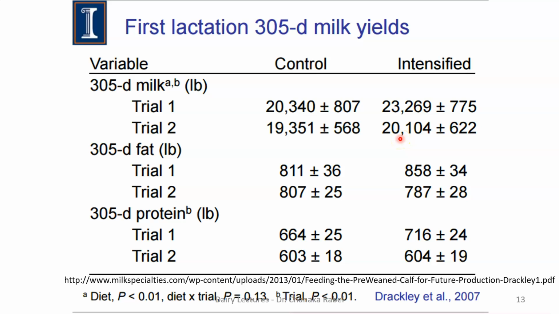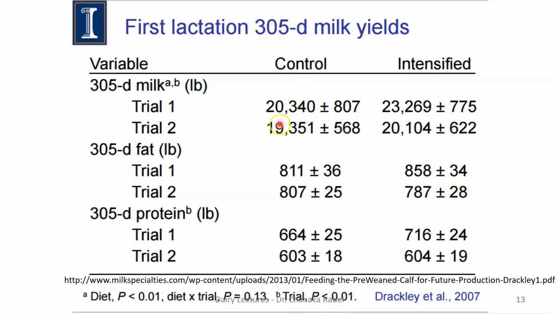I don't want to spend too much time on this, because some of you may not have done statistics yet, in undergraduate classes especially. So here it says, A, diet is significant. B, trial is significant. So that means there has been a difference between the trials as well.